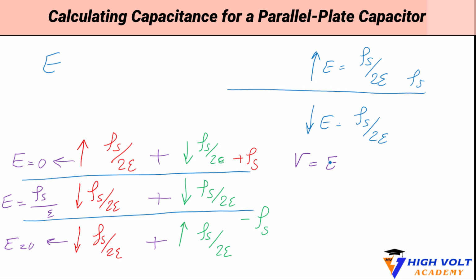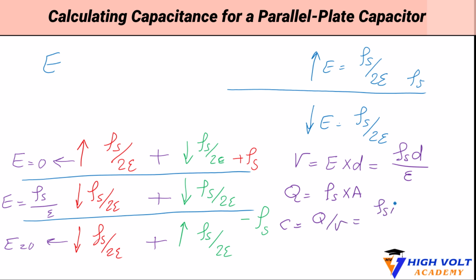The voltage difference between these two plates equals E multiplied by the distance between them, and therefore it equals rho S d divided by epsilon. On the other hand, the amount of electric charge stored in the plates equals rho S multiplied by A, and therefore the capacitance equals Q over V. If we substitute this, rho S A divided by rho S d over epsilon, rho S cancels out, and the capacitance equals epsilon A over d.